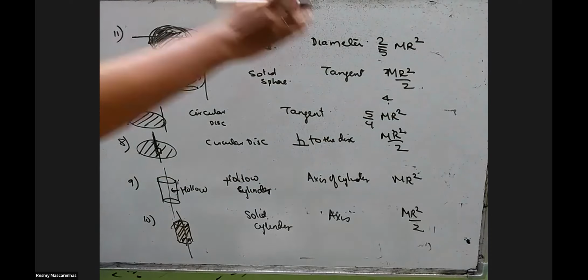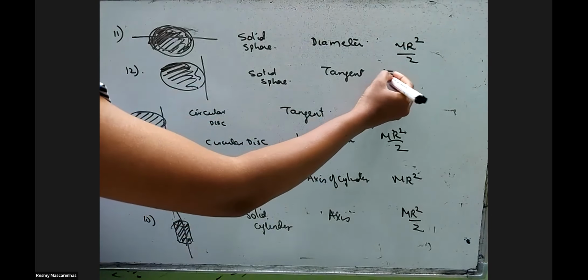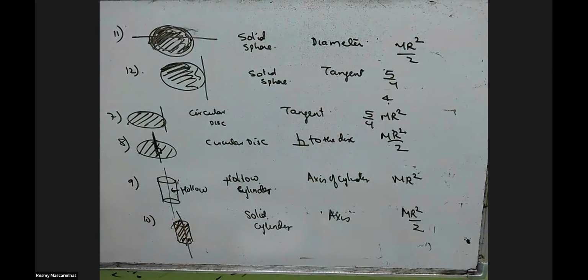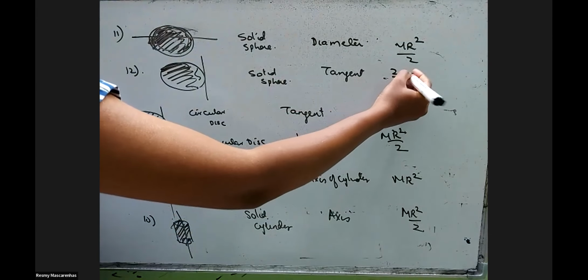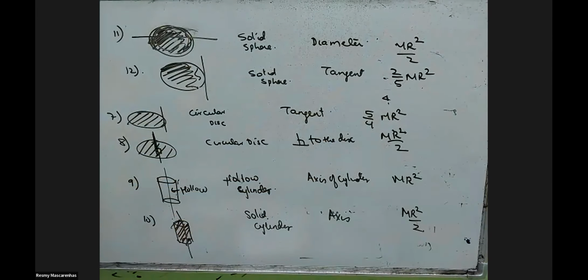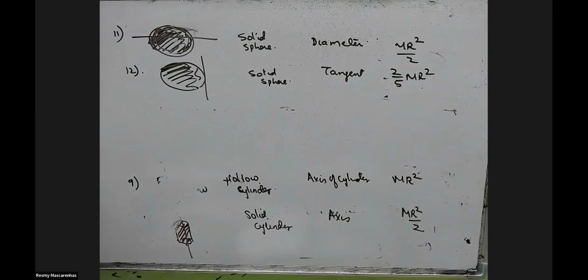The answer is 2 by 5 MR square. Then the hollow sphere is left.